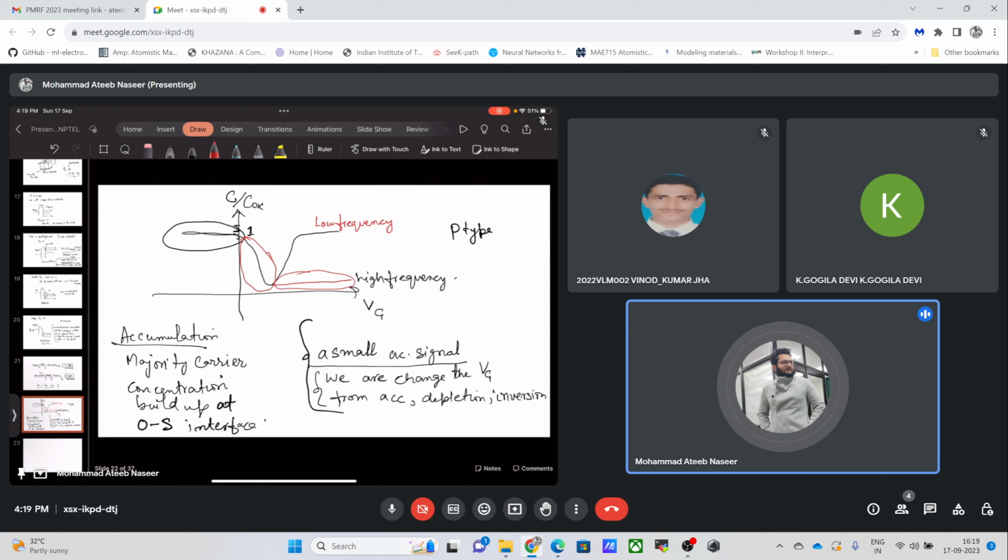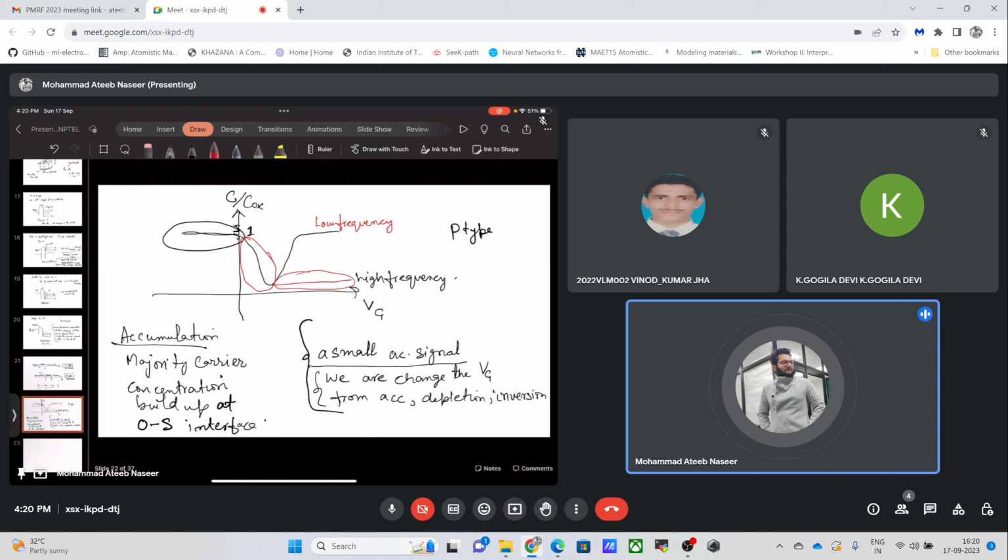material will respond in such a way that the capacitance will be fixed at this depletion capacitance value. But if I am giving low frequency, I am giving enough time for the generation and recombination of carriers. As a result, at low frequency I will have generation and recombination of these minority carriers in response to the AC signal, because the AC signal is now at low frequency.